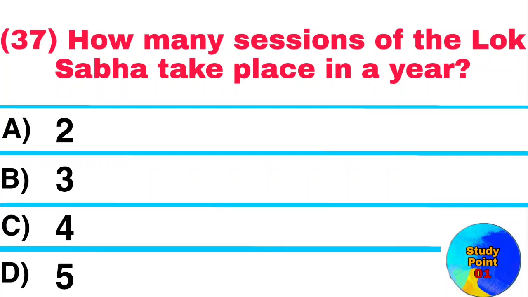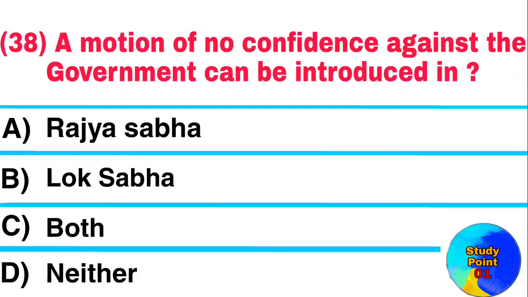A. 2. B. 3. C. 4. D. 5. Answer. 3. Question. A motion of no confidence against the government can be introduced in A. Rajya Sabha. B. Lok Sabha. C. Both. D. Neither. Answer. Lok Sabha.